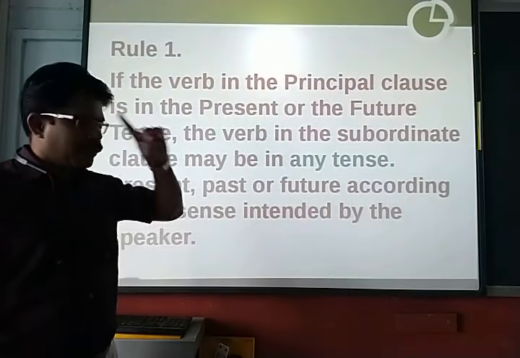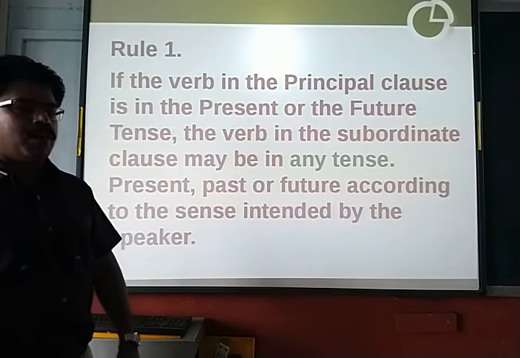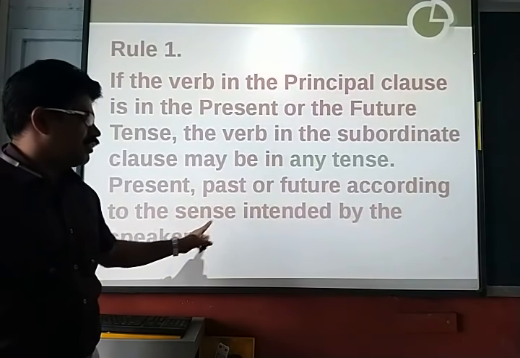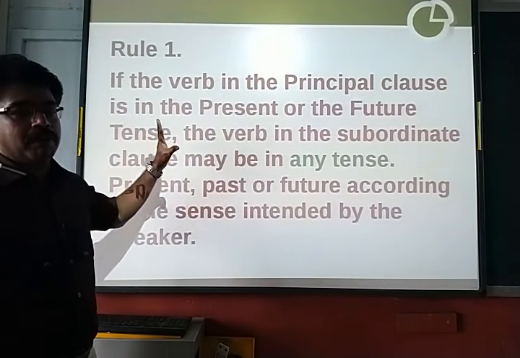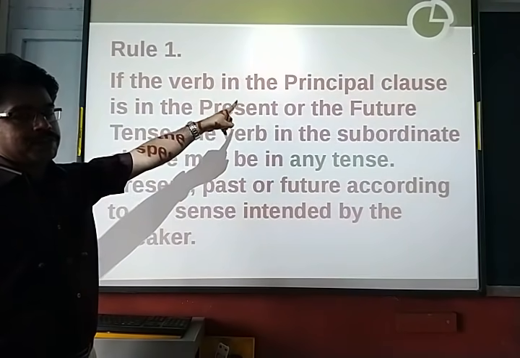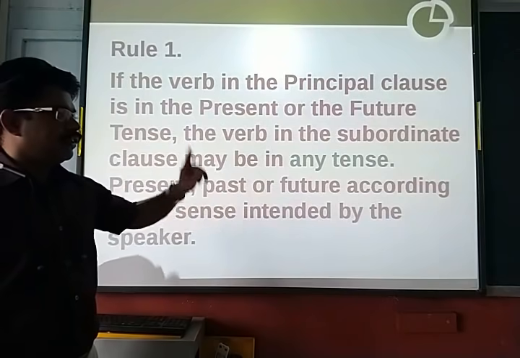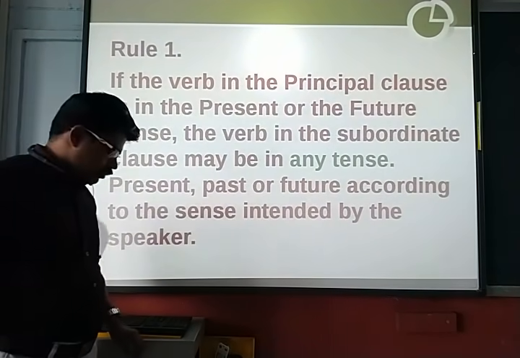Keep in mind the first rule: if the principal clause is present or future, the subordinate clause can be any tense depending upon the sense intended by the speaker.